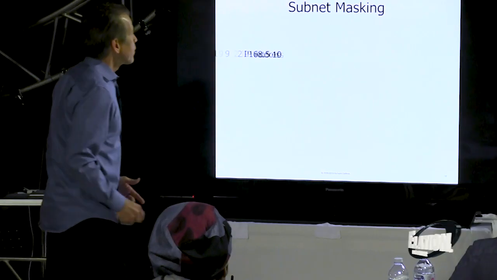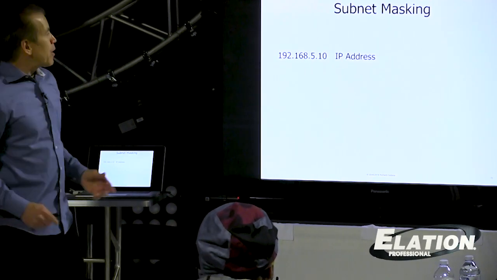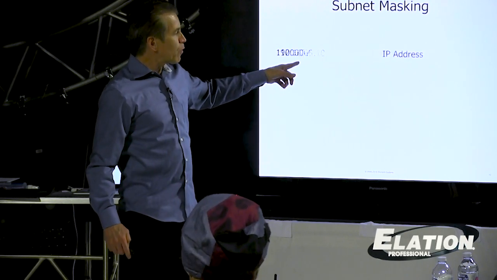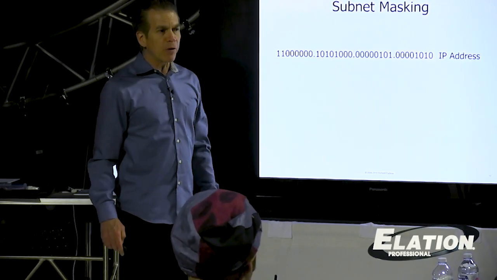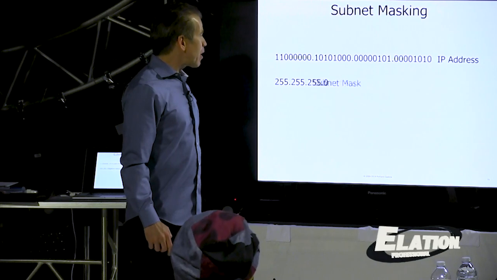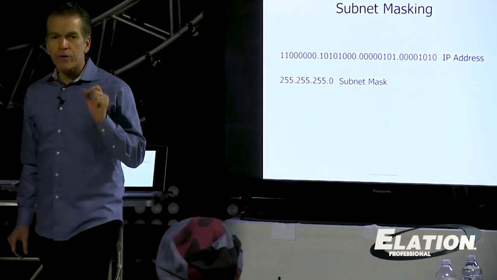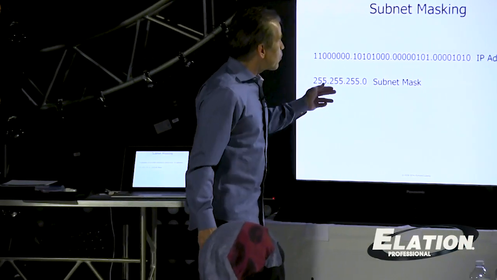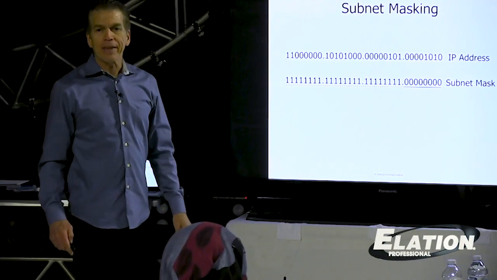So for example, if I have the IP address 192.168.5.10, if I convert it to its binary equivalent it would look like that. Then if I have the subnet mask 255.255.255.0, when I convert it to its binary equivalent, it looks like that.